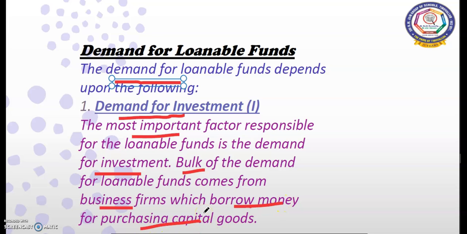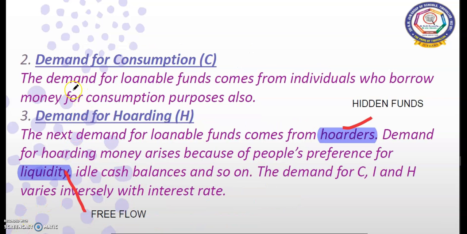If you take a firm or an organization, definitely it is going to spend some amount and they may borrow for purchasing the basic goods. Next, demand for consumption. The demand for loanable funds comes from individuals also, who borrow money for consumption purposes.